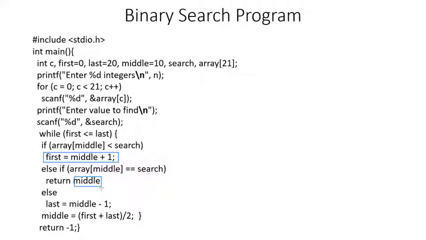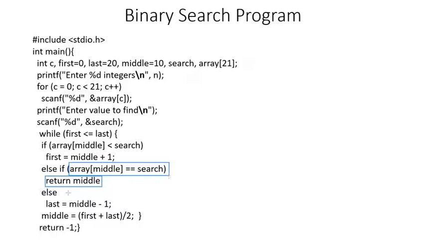Now, let us suppose that the element has not been found and we have shortened our list, either to the left hand side or the right hand side. If we have a new list, we need to compute its middle again. So the value of the middle is first plus last divided by 2. Now if the element was not found even once in the list, that means this statement was never executed, because this statement will only be executed if you are able to find the element at the middle position.